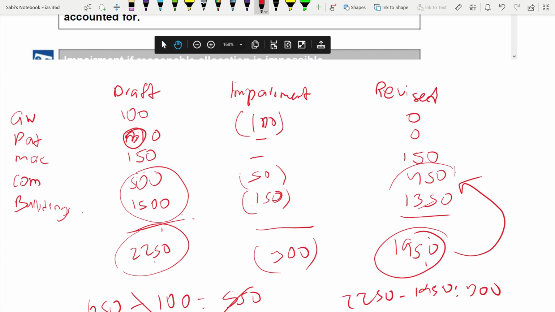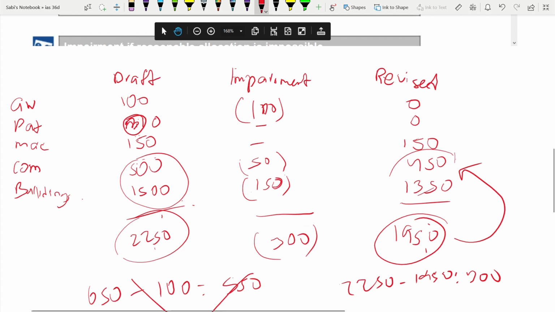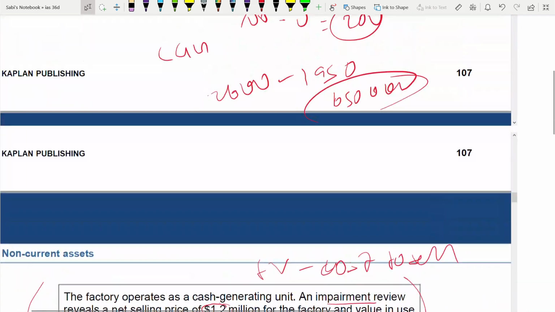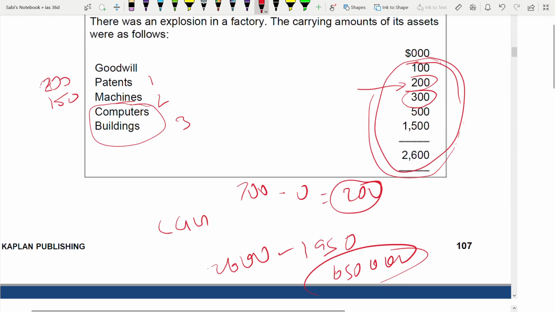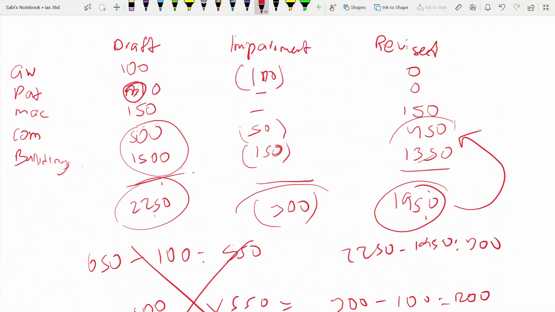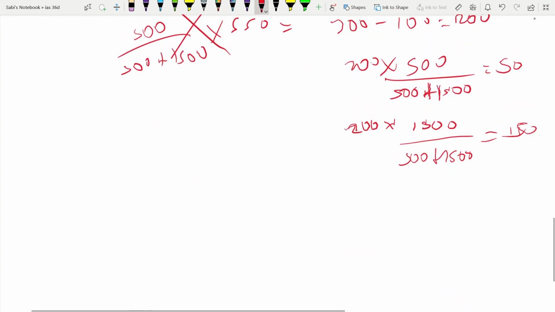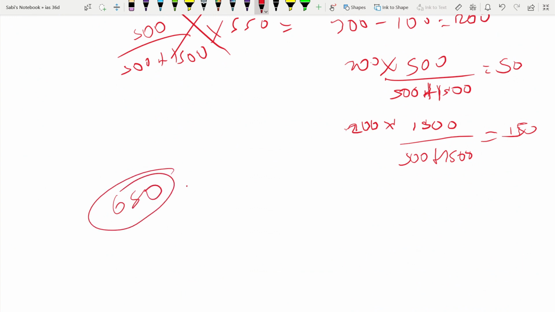So now, what is the total amount of impairment? Earlier, you see, here it is 200 of patent and 150 of machine. That's 350. With that 350, you have to add this 300. This is for CGU. So total impairment will be 650, which will go to P&L.